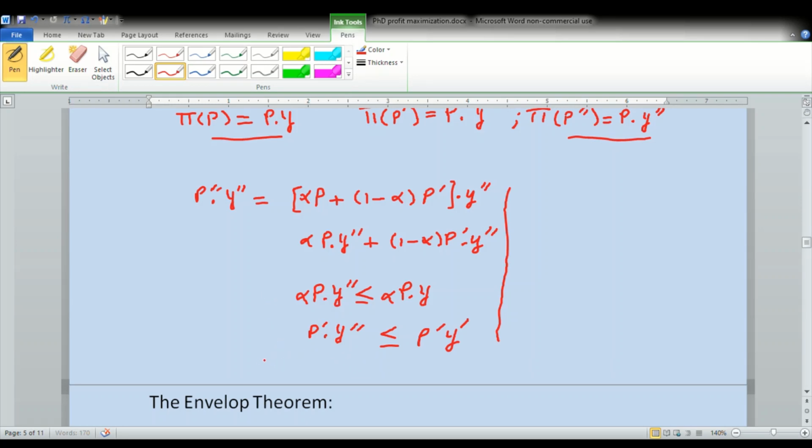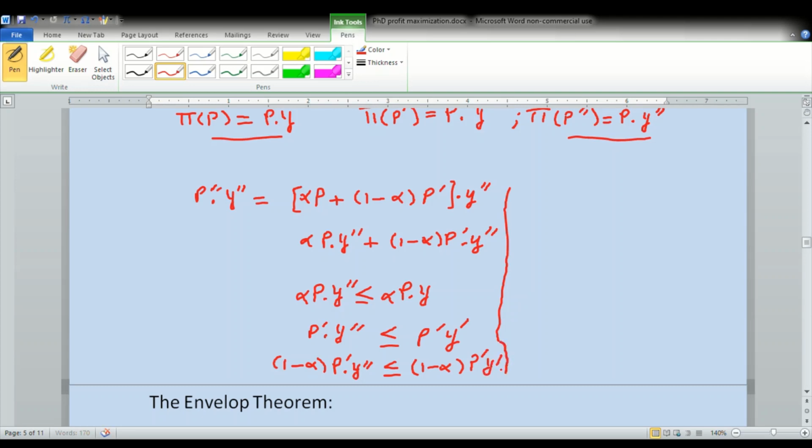Okay, now I can finally write using this last equation, multiplying both sides by 1 minus alpha. So 1 minus alpha p dash y double dash is equal to or less than 1 minus alpha p dash y dash.